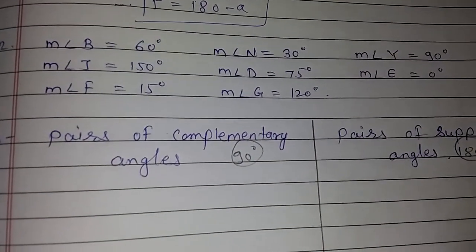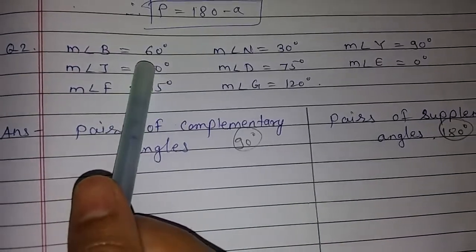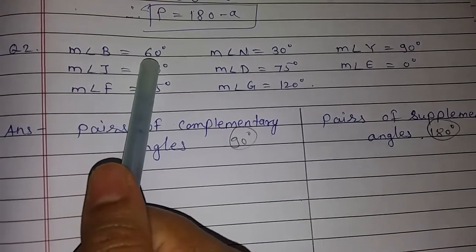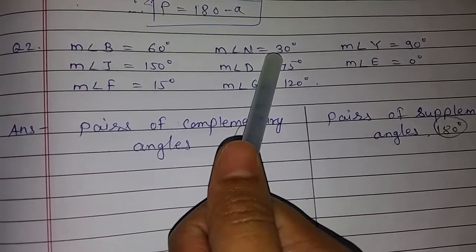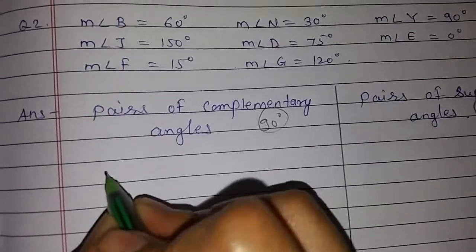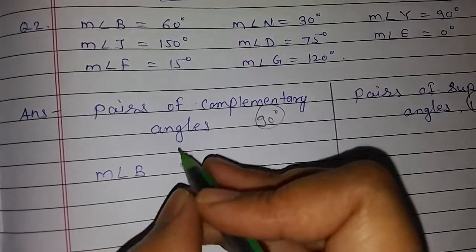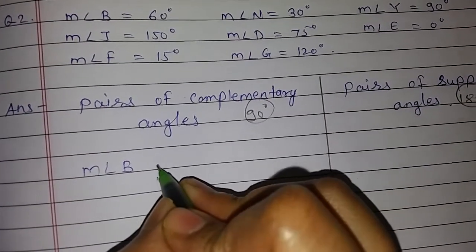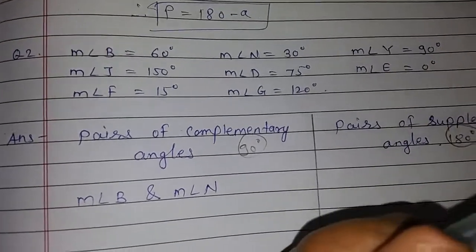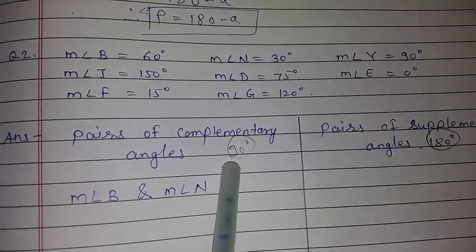Now see here pairs are, first is B, 60 degree. 60 plus 30 is 90 degree, means this is our first pair, angle B and angle N. We want addition 90 degree.